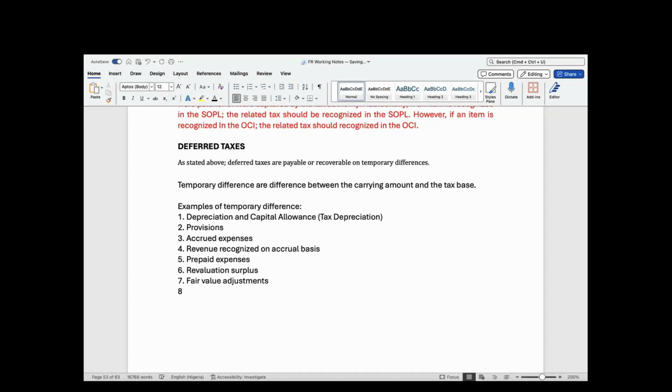Finally, is tax losses carried forward. This would also result in temporary differences for you because when you have a tax loss, or when you have a loss for the year, you will not pay tax for this year, and you might not even pay tax in the future.